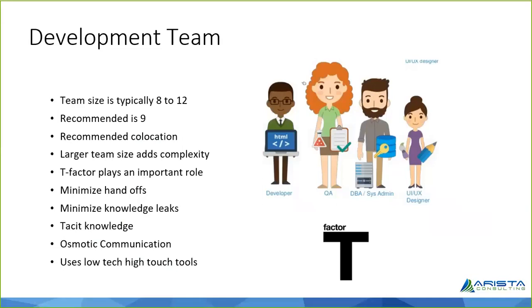Then the tacit knowledge. Once you are co-located, there is definitely something which, for example, let's take an example of a printer, and there is a printer jam. And you have been dealing with that printer jam 3-4 times.